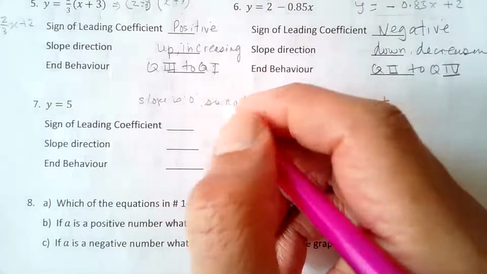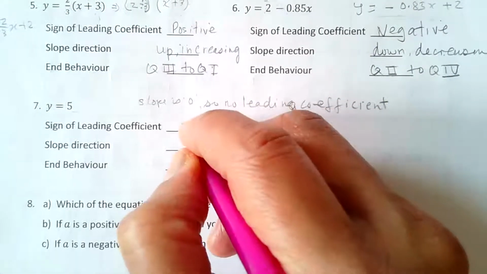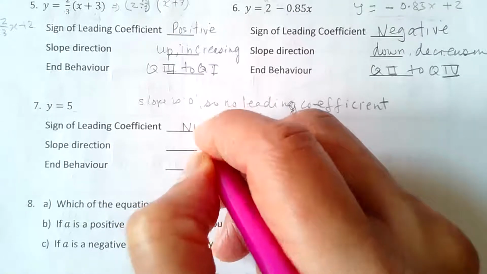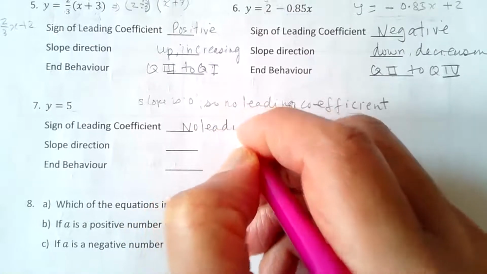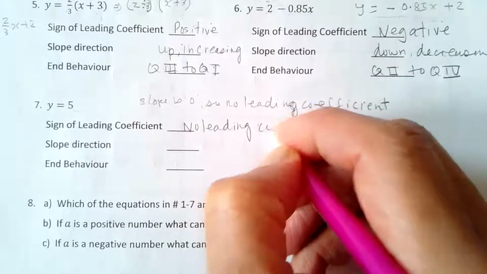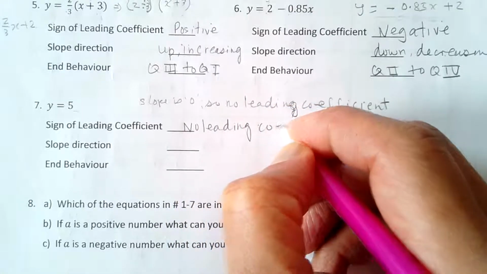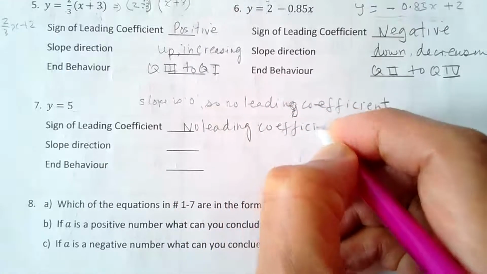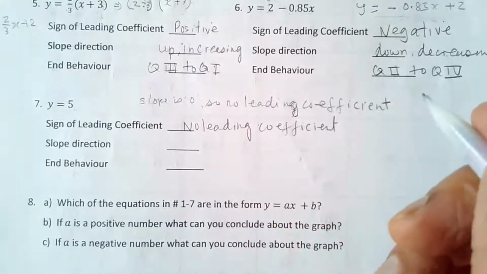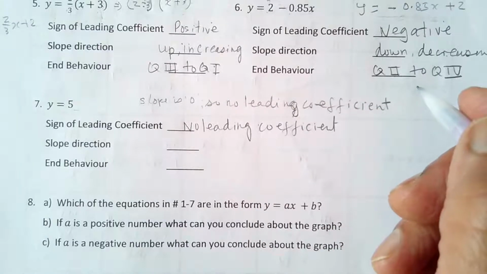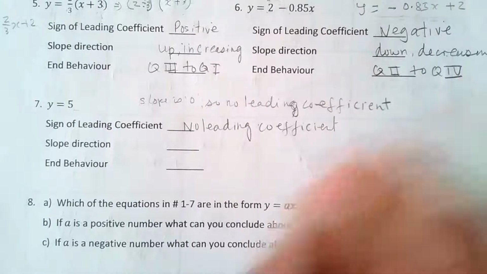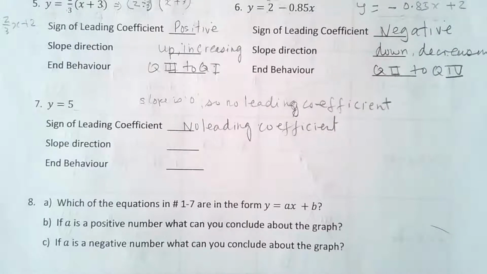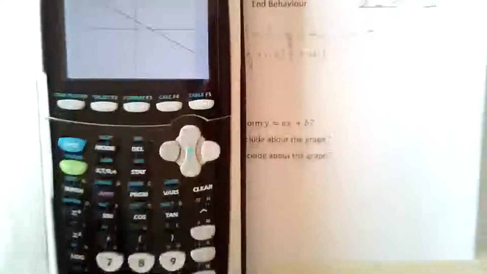So we say here, doesn't exist. Now the slope direction, as I mentioned before, is going to be flat. But let's go to our calculator and see what it looks like.